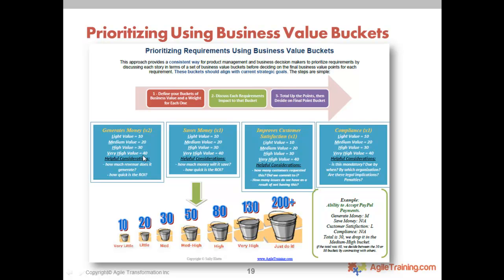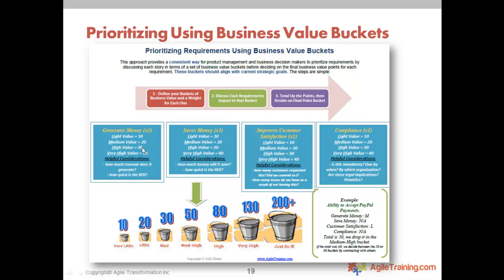Now I'm going to tell you, for almost all companies that we coach with this, generating money and saving money should have some dollar amount or a range with every part of the bucket. So if you're saying that by accepting credit card payments or PayPal now, we are going to generate money, and you're saying, well, it's high value, what does high value mean? As an organization, you should say, well, that's between $100,000 to $300,000, or maybe light is greater than 50, greater than 100, a million.